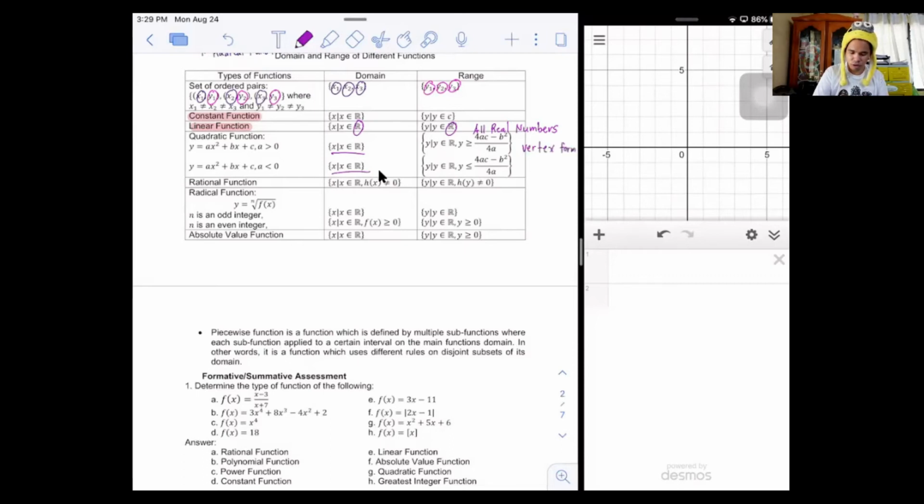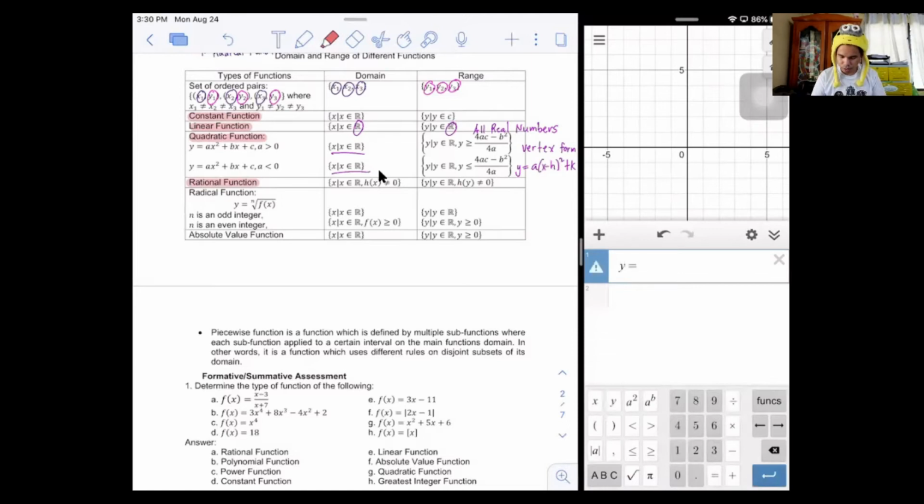Sa vertex form, y equals a times x minus h squared plus k. And this vertex form will then guide you as to how you are going to determine the range. Y equals x squared minus 3.